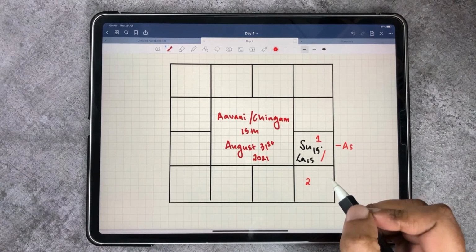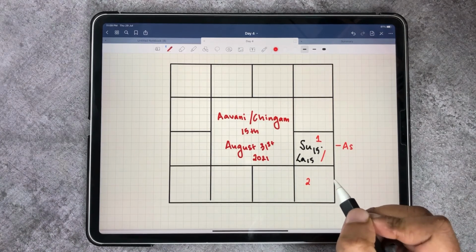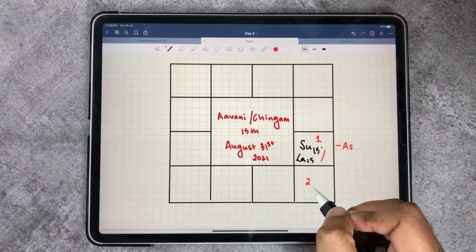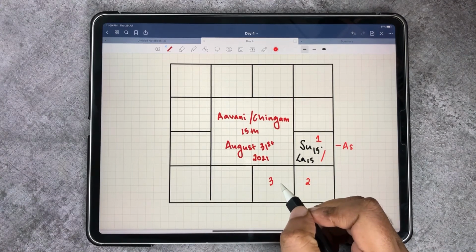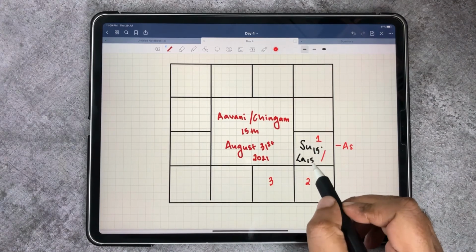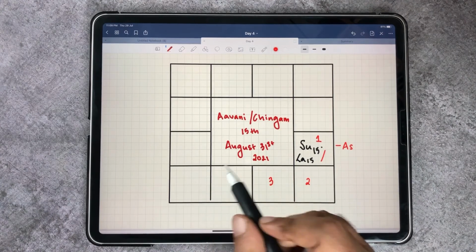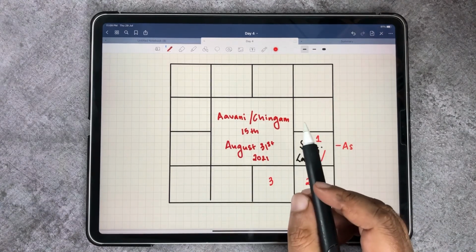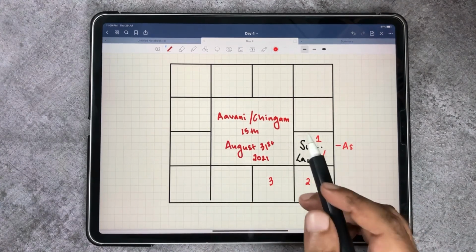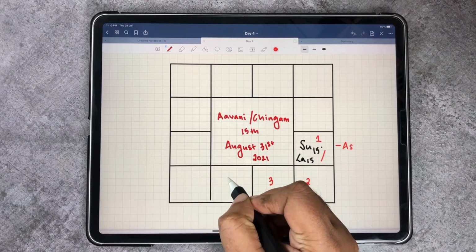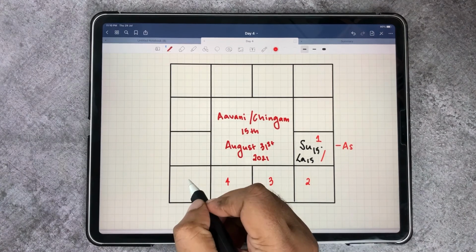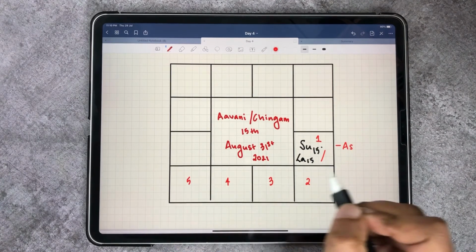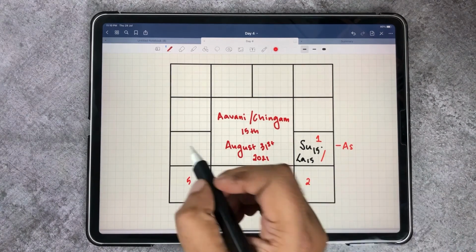When somebody says the second house has a Guru or a Jupiter, the concept would be based on this. Then the third house or the third bhava. Do remember, it does not necessarily have to be here. Remember, we also covered for the month of Chitrai, so it will vary. Next would be the fourth house or the fourth bhava. Next, the fifth house or the fifth bhava.